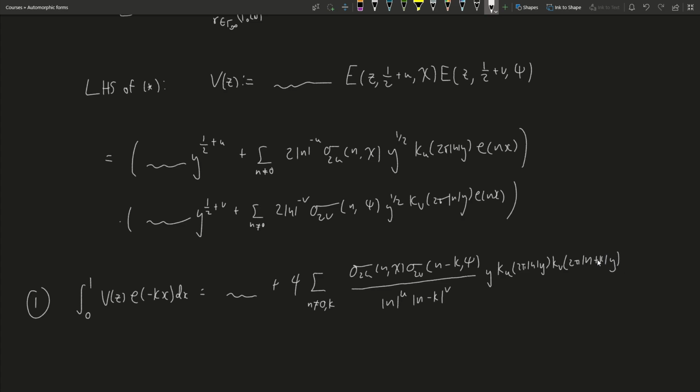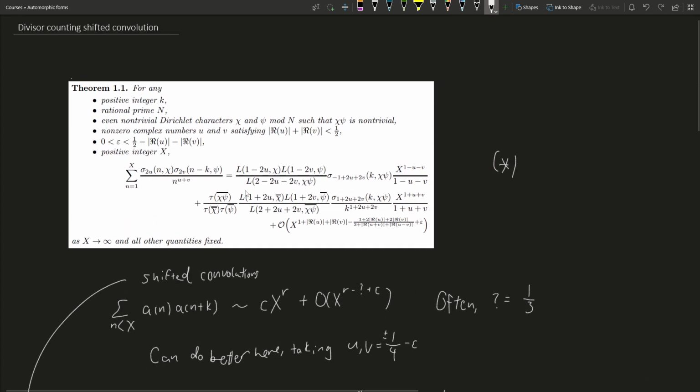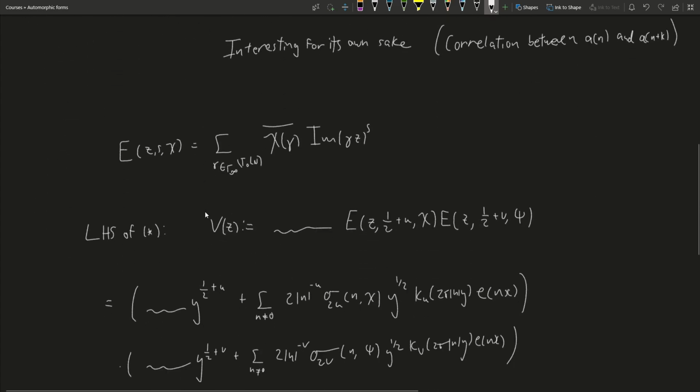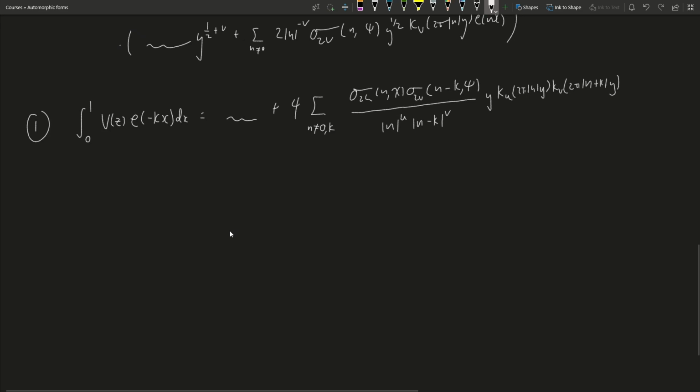And this, you can see already that we've got the sum over n of this thing appearing, and hey, that's looking a lot like the sum right here. So we're making some progress. So this is step one, to just consider the kth Fourier coefficient.